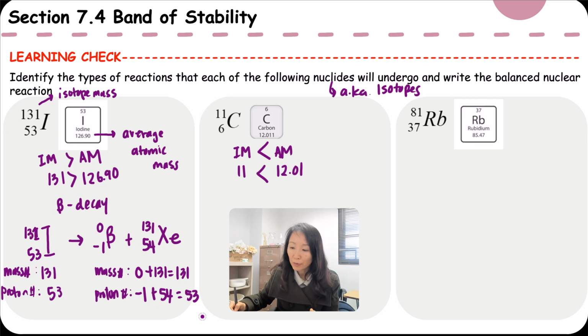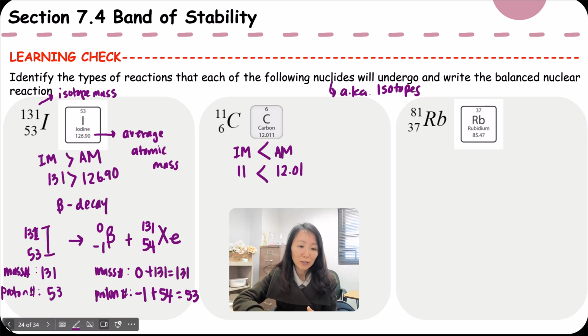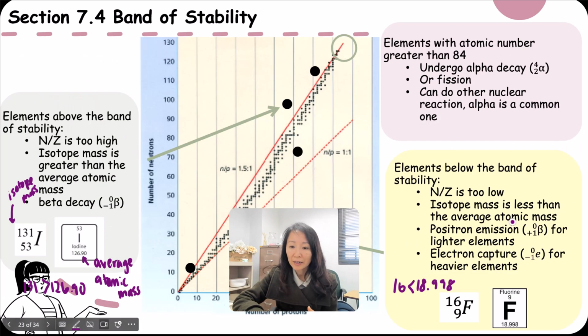If I'm less than AM, then what do I go through? Well, I'm going to go through positron emission. Sorry, I lost my train of thought. If I go back right here, positron emission. You can go through either positron emission or electron capture, but because carbon is considered a lighter element, we are going to go through positron emission. So the isotope mass is less than the average atomic mass.